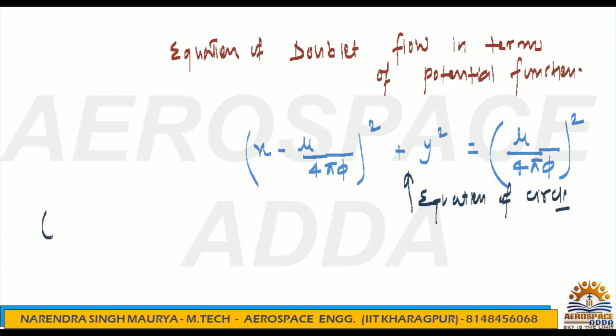So what is the center for this circle? Now see, y constant is 0, but x constant we got. What is the x constant? It's nothing but mu upon 4 pi phi. This is the x and y becomes 0, so this is the center, meaning the center is along the x axis.